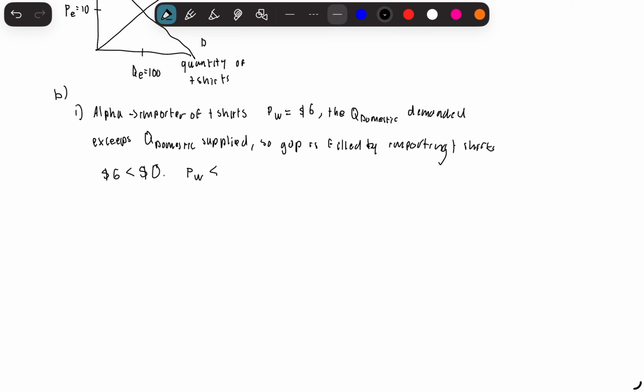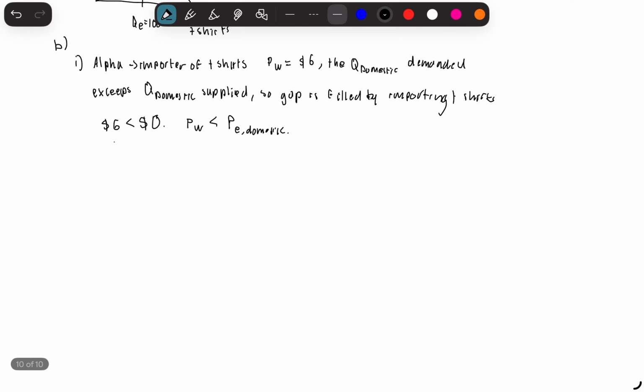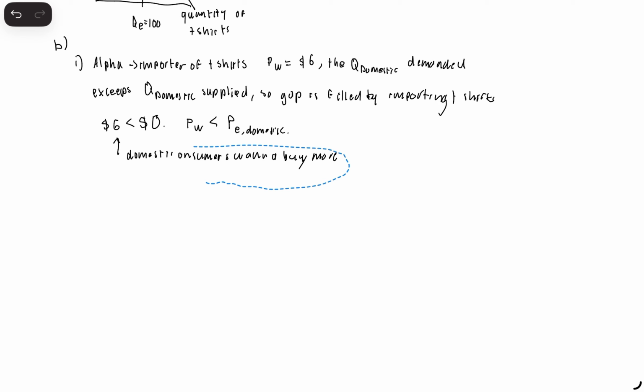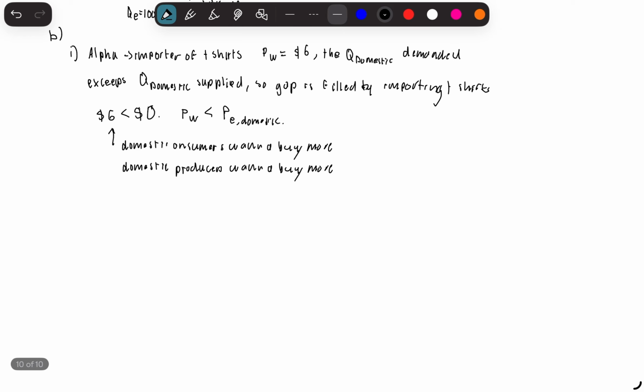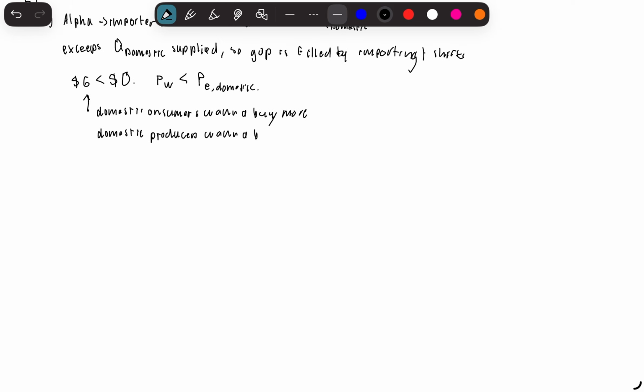So that means at $6, domestic consumers want to buy more, domestic producers want to sell less, therefore QD exceeds QS. So that's why they import the difference.